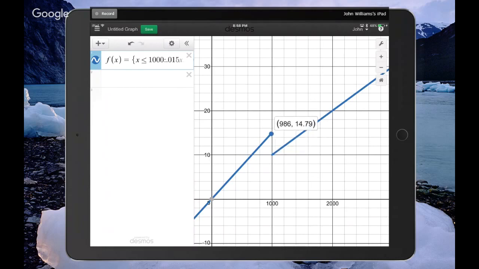Oh, sorry, 15. Wow, they really have low interest here. 15. You don't get to pay $10 less, $5 less. It didn't drop you. So we need to do the plus, really only plus 5. Plus 5 to make the graphs continuous.